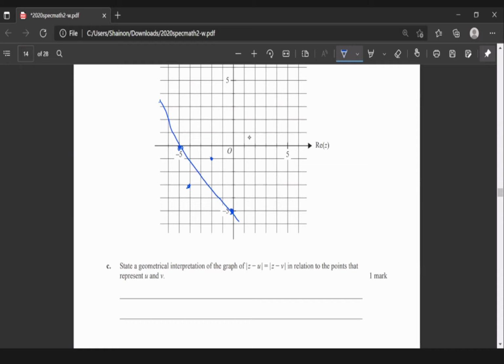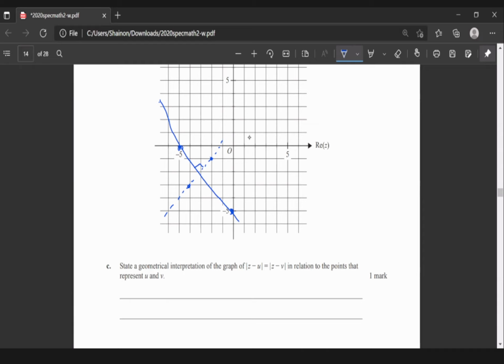State the geometrical interpretation of the graph in relation to the points. So this is going to be perpendicular. That's the geometrical interpretation. These 2 points are going to be perpendicular to this line.